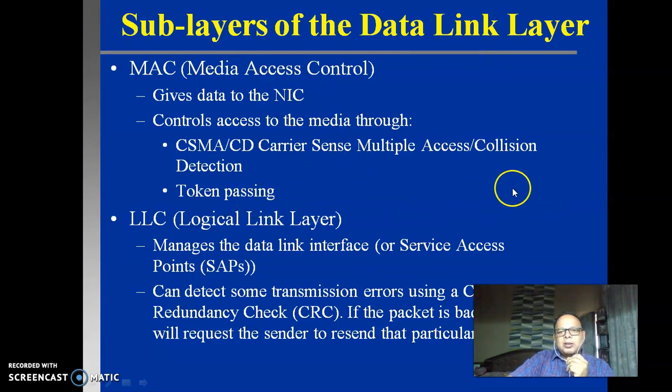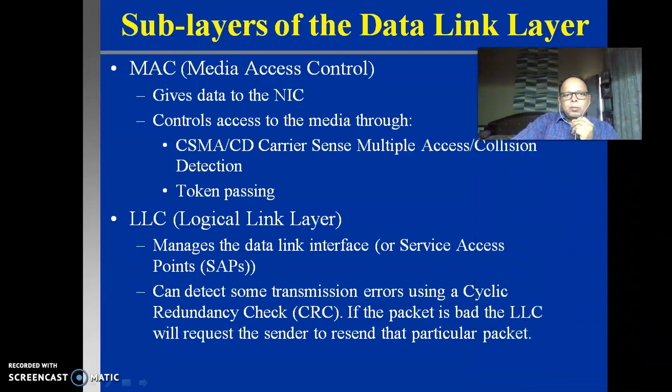And collision detection: if a data transmission is happening over the channel, the transmitting machine will withdraw itself for a random amount of time, and then try again after a certain time. In this manner, it tries to avoid collisions. And another thing is token passing. That is also a functionality of the MAC, Media Access Control.